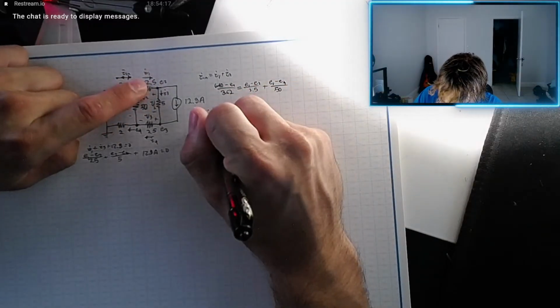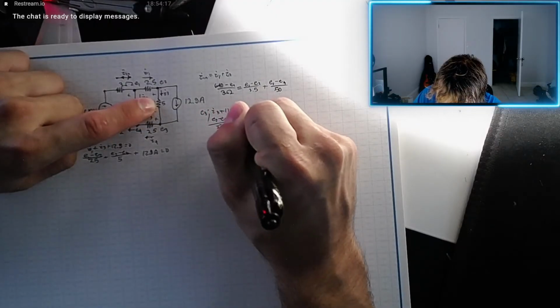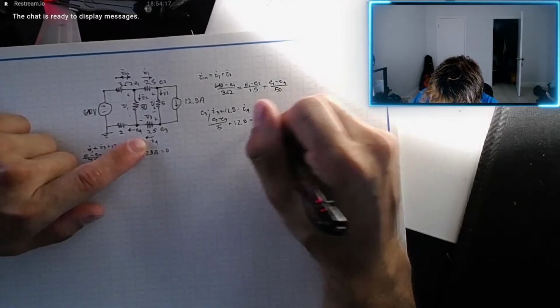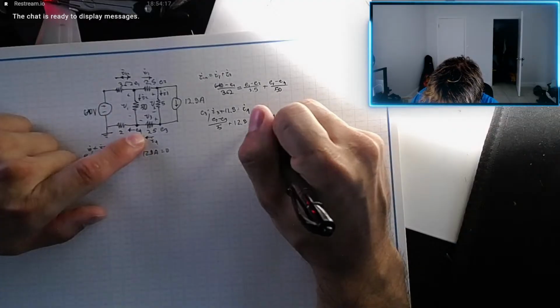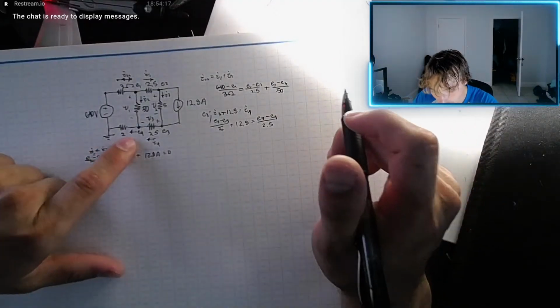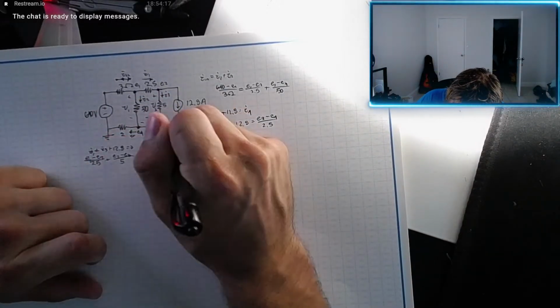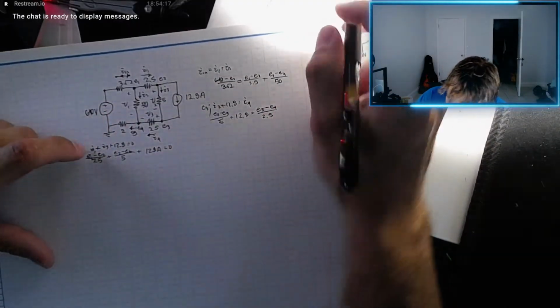E2 minus E3 divided by 5 plus 12.8 equals I4, E3 minus E4 divided by 2.5. Okay, now we just have E4, we have this current, I5, and that equation looks like this.